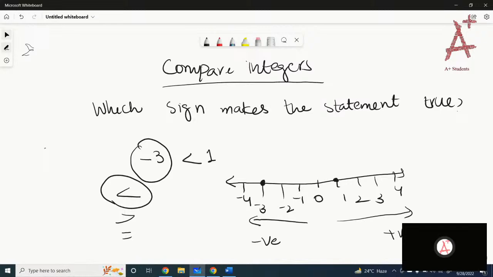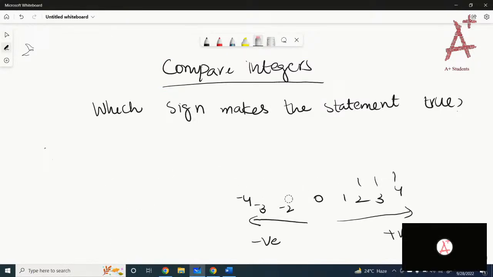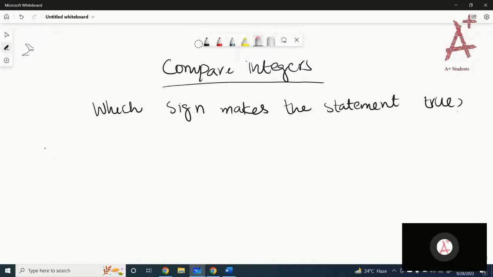You can note down the important point. Negative numbers are always smaller than the positive numbers. Got it? Okay. Let's do another example. The other example is, you have to compare +3 and -3.